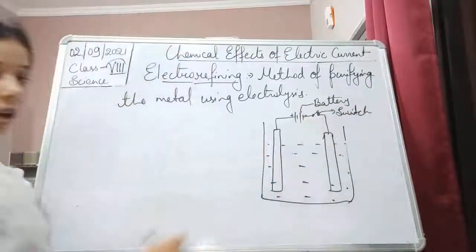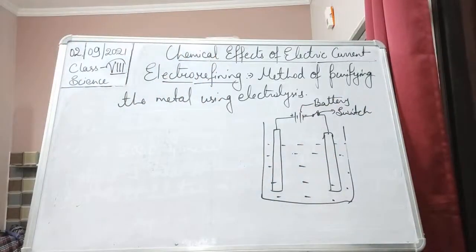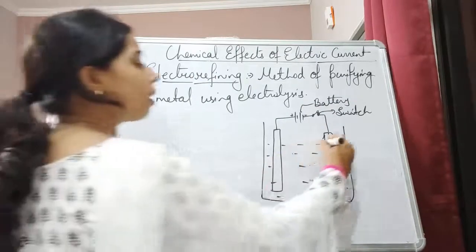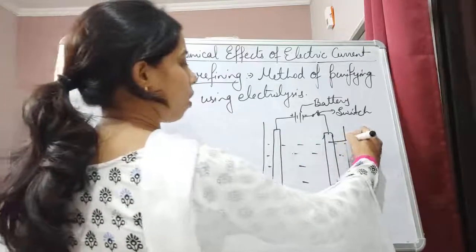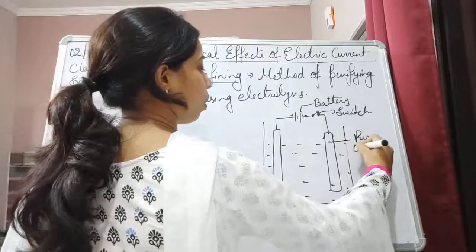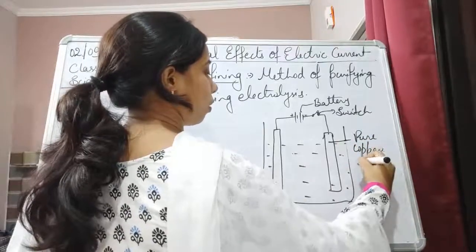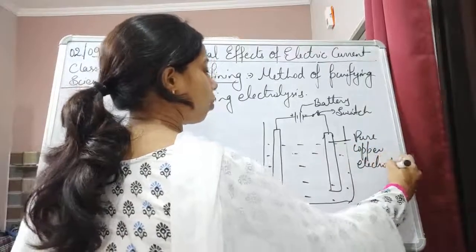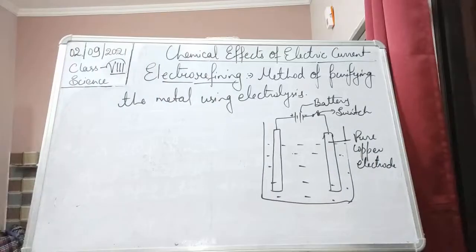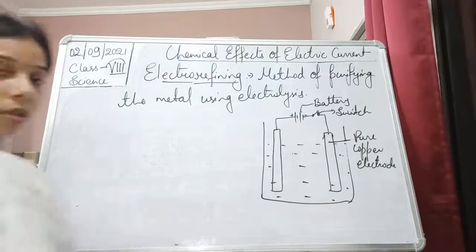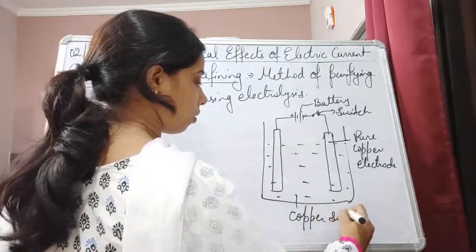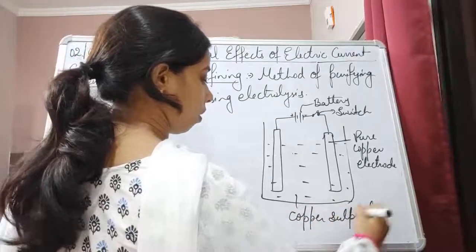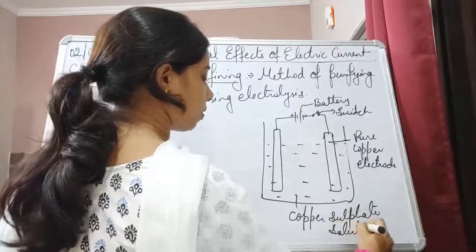Suppose this is a pure copper strip, a pure copper electrode, and this solution is a copper sulfate solution.